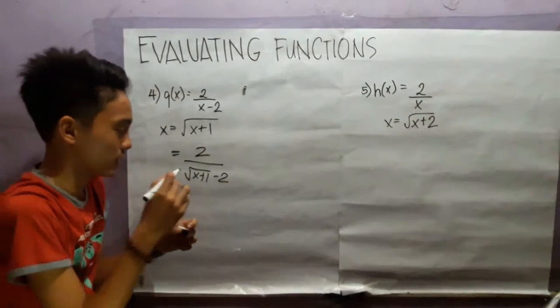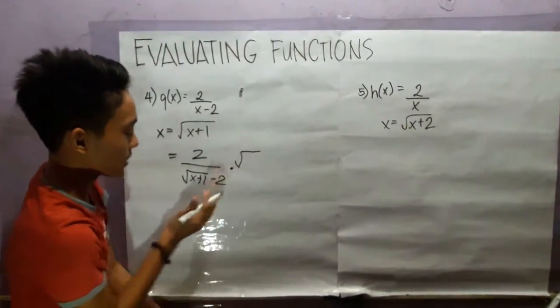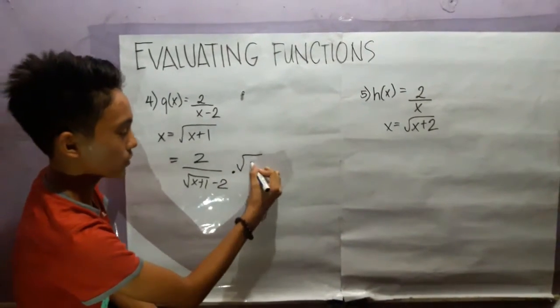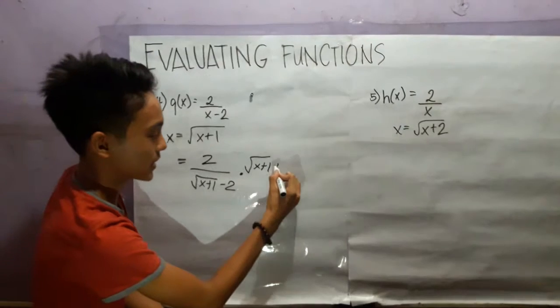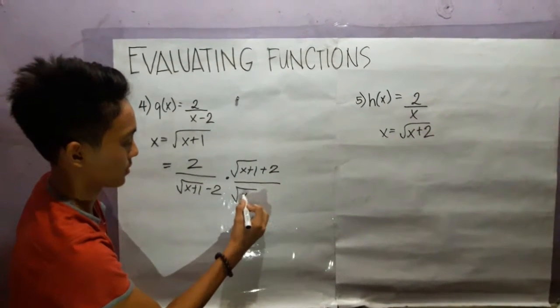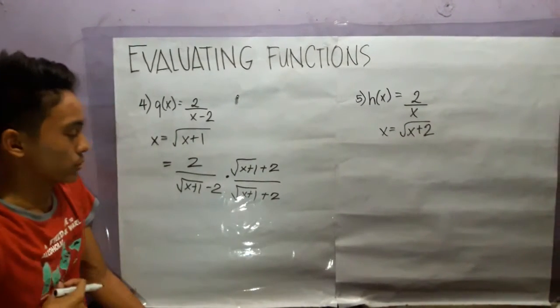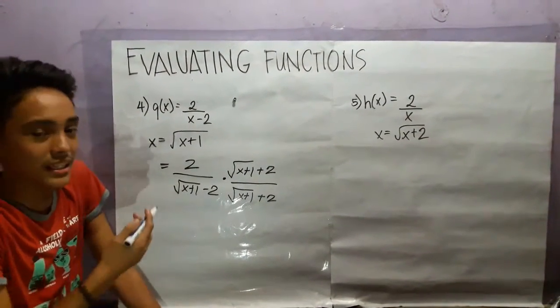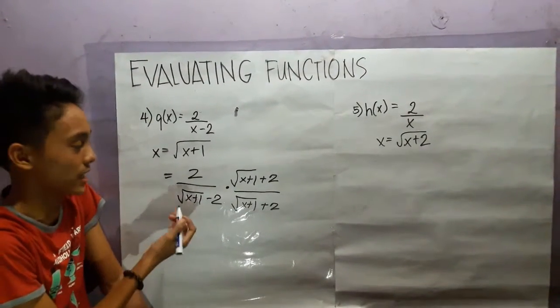gonna conjugate it. In conjugating, guys, ilalagay natin yung denominator dito. Kaso mag-iiba siya ng sign. Iibahin natin ang kanyang sign. Now, gagamitin natin ng conjugating para ma-remove natin yung radical sign.